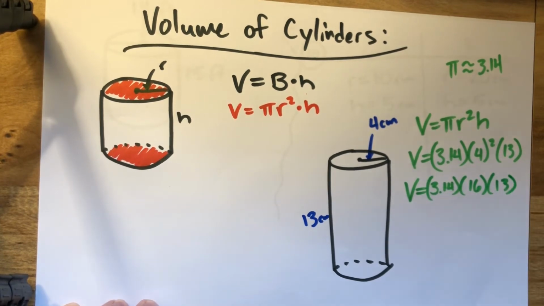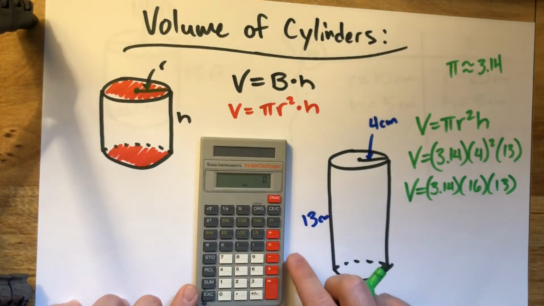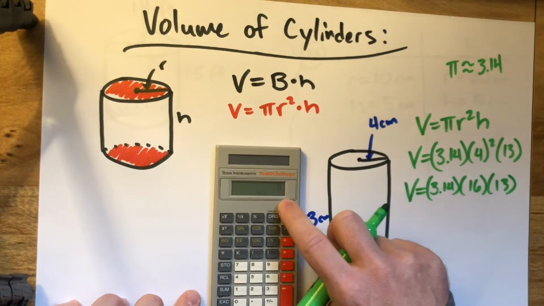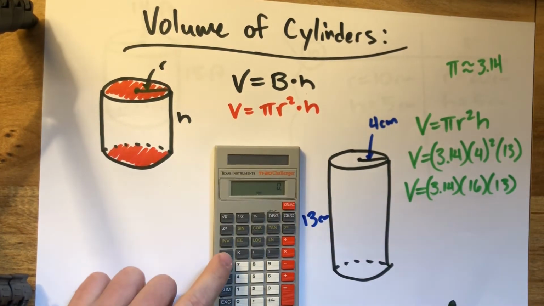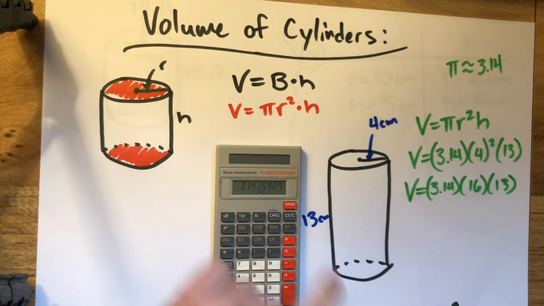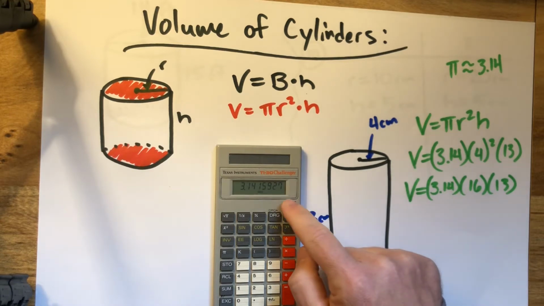I'm going to grab a calculator here. And be careful if my calculator has a pi key. If you push that pi key, it's going to give you a lot more precise, a lot longer approximation for pi than just 3.14. So probably don't use that pi key, just use 3.14.